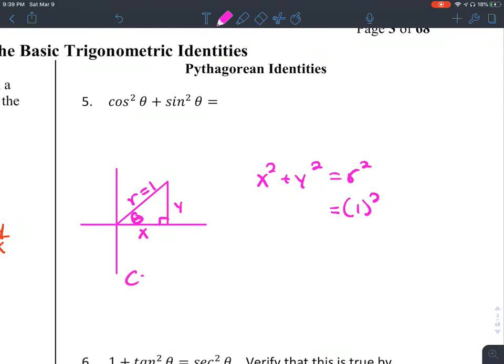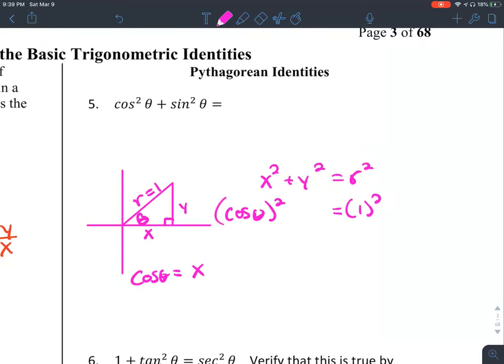We've discussed before that cosine of theta is x over r. That's x divided by 1, which is x. We can replace x in this equation with cosine of theta, because cosine of theta and x are the same thing. Let me space this out a little bit, give myself a little more room, like so.